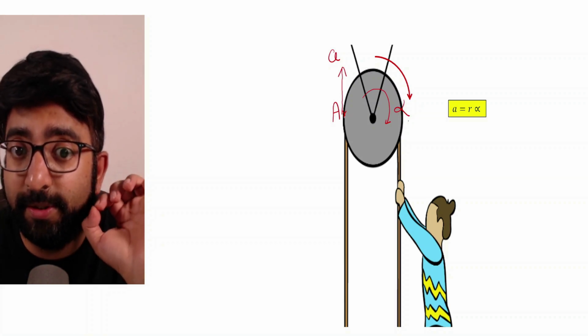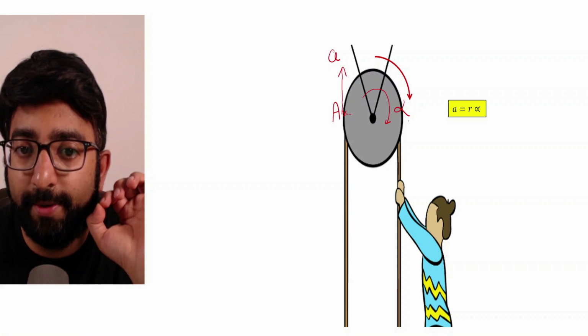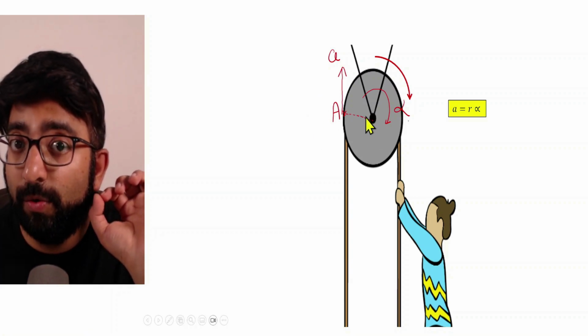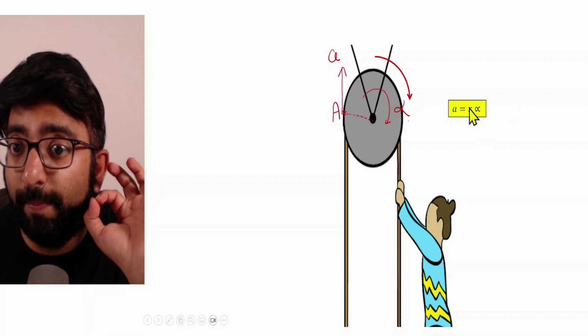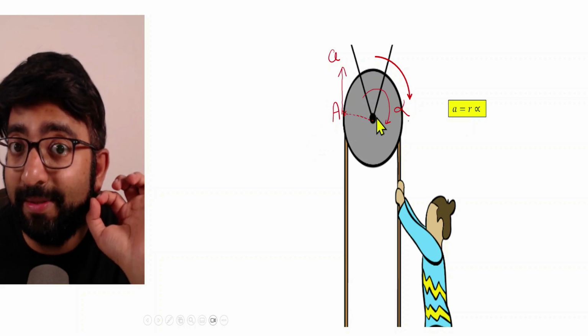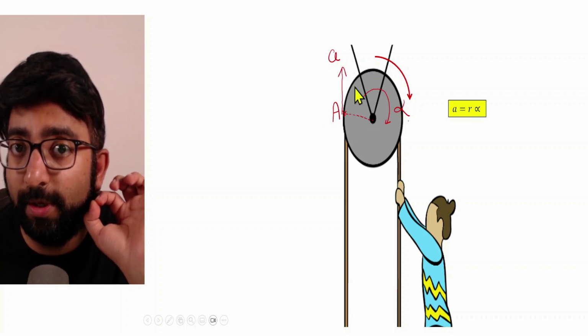So in this case, if I draw a dotted line connecting the point under consideration to the center, this distance will be equal to the R value. So R stands for the distance between the point and the pivot point, the point about which the pulley is being rotated.